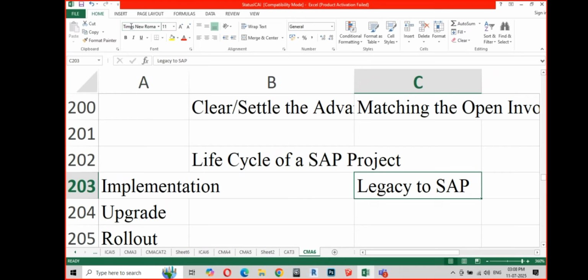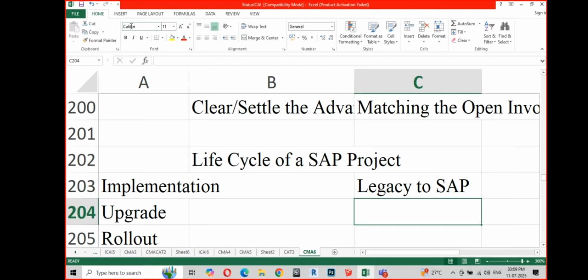What is an upgrade project? Upgradation, when we spoke about the earlier architecture, R1 to R2, R2 to R3, ECC to HANA. Typical examples of upgrading from one previous version of SAP to the latest version of SAP.